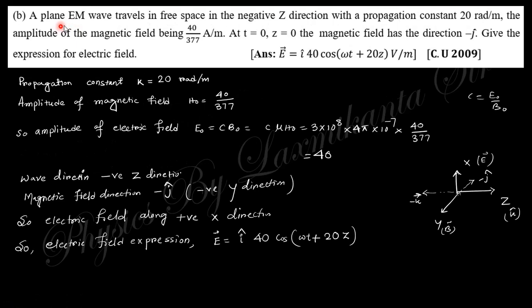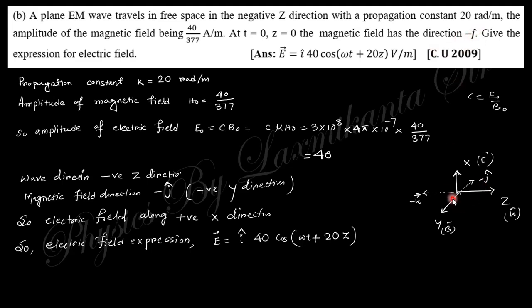Next, the electromagnetic wave travels in free space in the negative z direction with the propagation constant. This is the magnetic field, at t equals 0, z equals 0. The field direction is minus j cap.